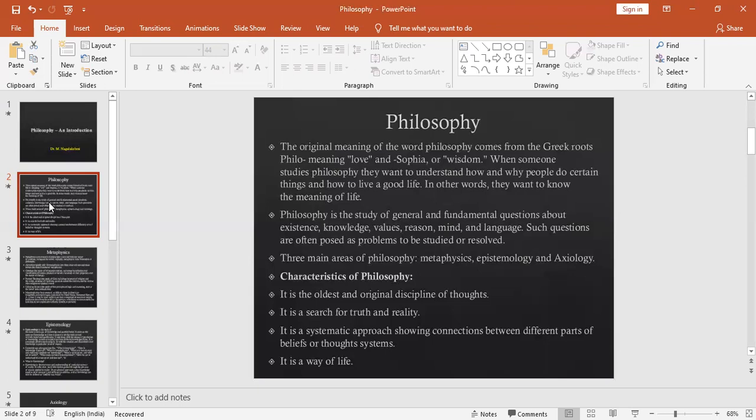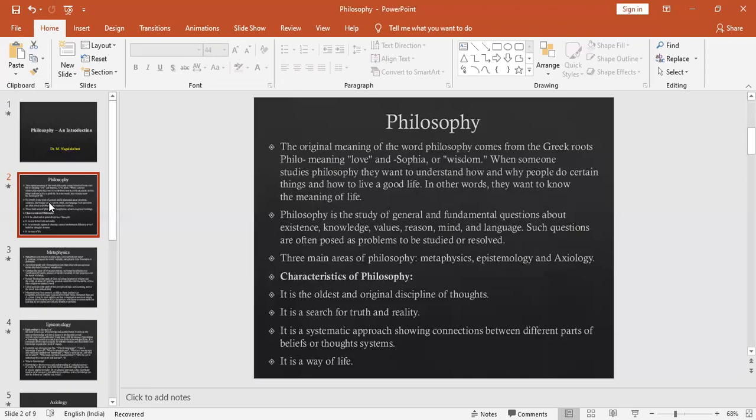And when you see the characteristics of philosophy, it's a very old discipline of thought. Its main purpose is to search for truth and reality, and it is a systematic approach, showing connections between different parts of beliefs and thought systems. We can simply say it's a way of life.